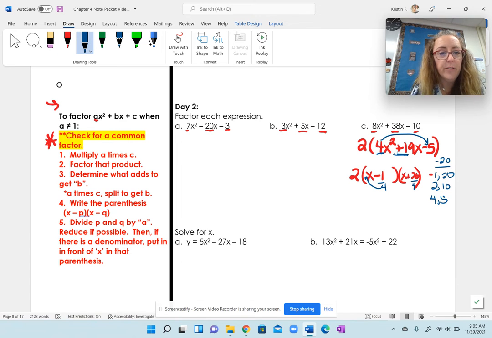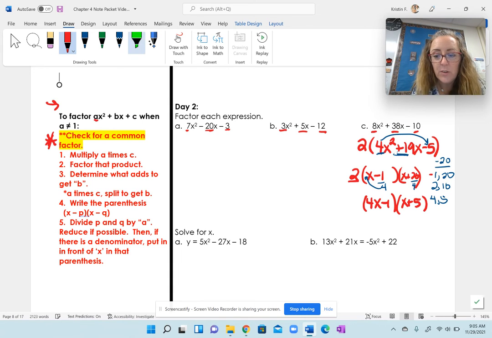Now we'll have 4x minus 1, which we had before. And for the 20 over 4, that reduces to x plus 5, which we had before. But there's that 2 out in front that needs to stay in our final answer.